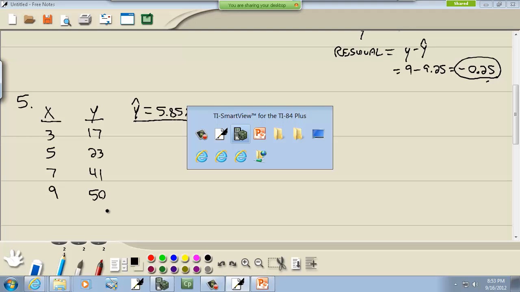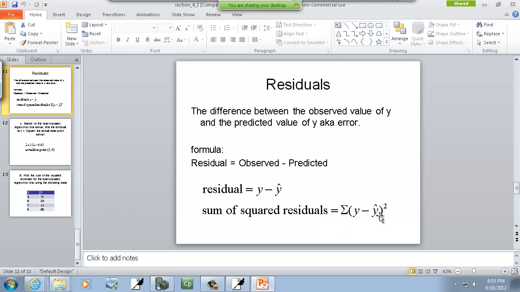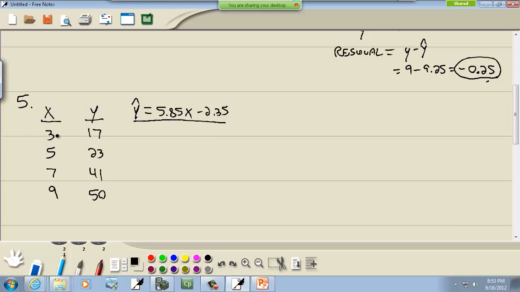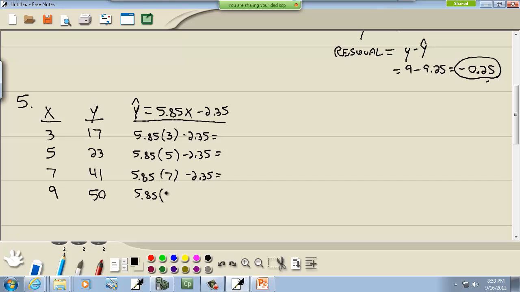Okay. So when it says find y hat, that says plug your x value into here and see what it gives you. So we got 5.85 times 3 minus 2.35. Then 5.85 times 5 minus 2.35, then 5.85 times 7 minus 2.35, and 5.85 times 9 minus 2.35.